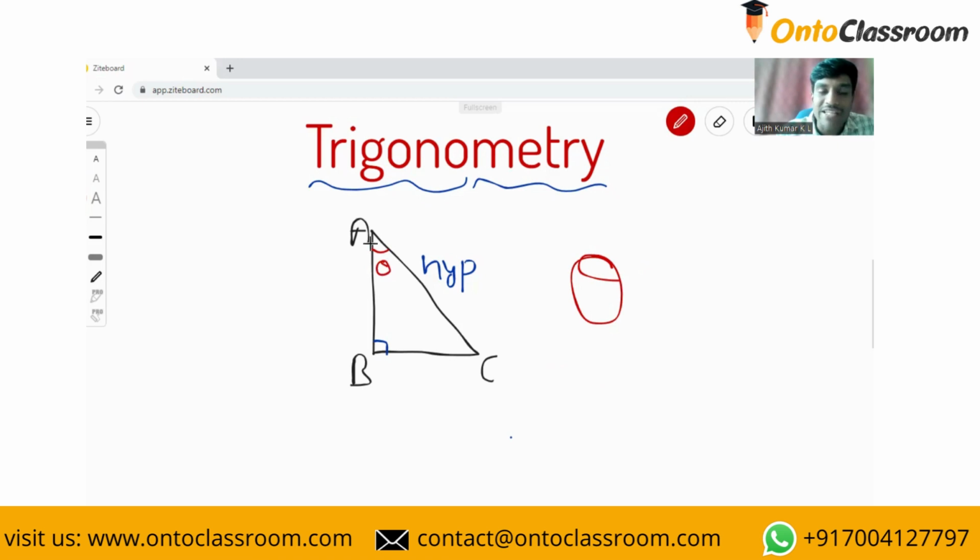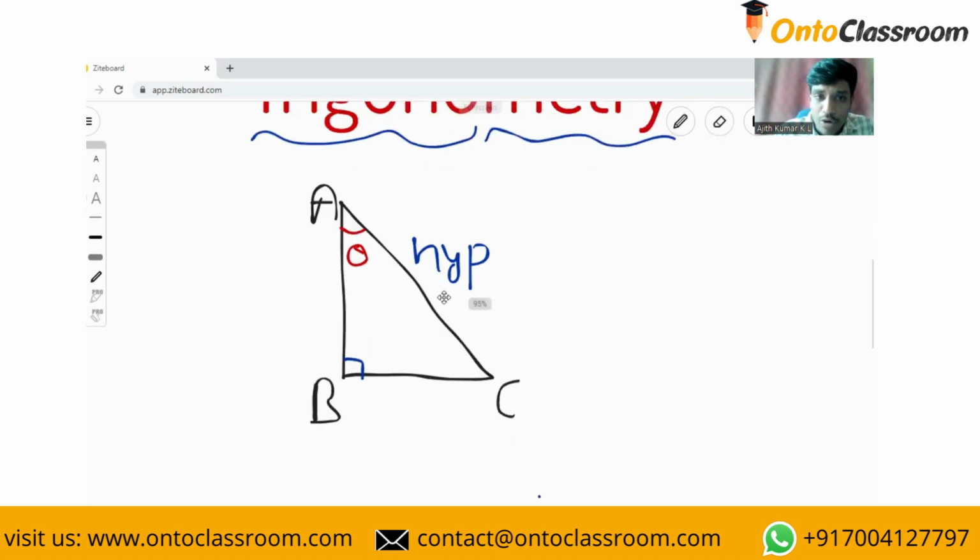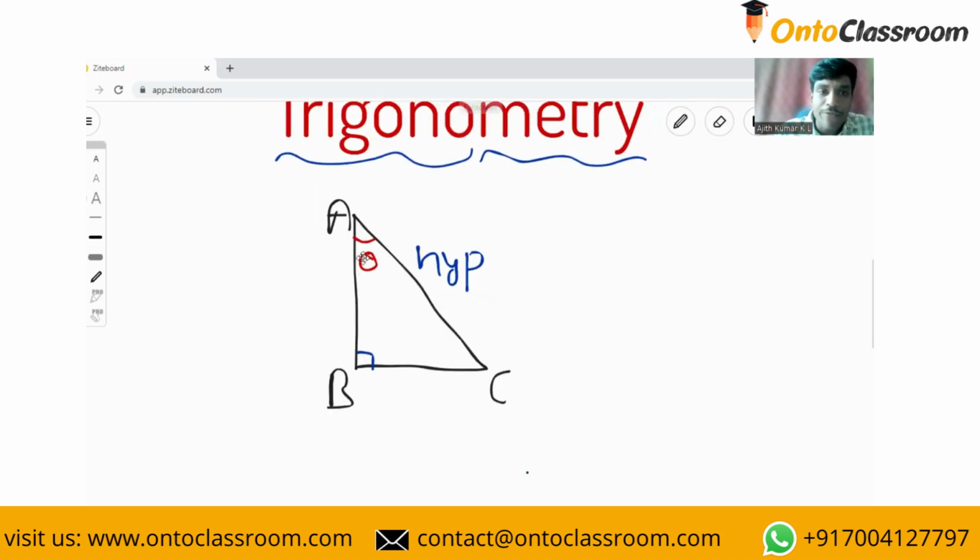Now if you consider theta as angle A, the side that is opposite to angle theta, we will call the opposite side. And the remaining side we call the adjacent side.